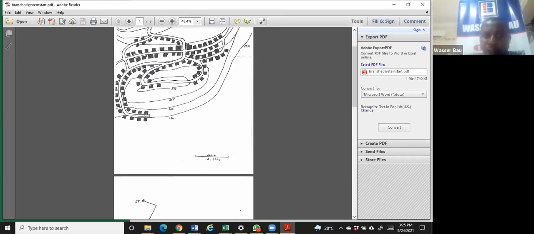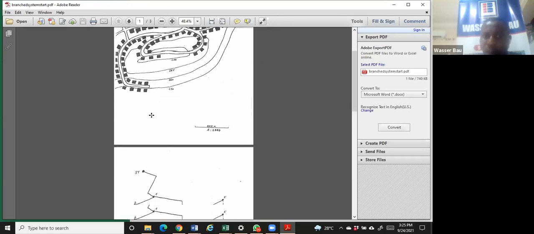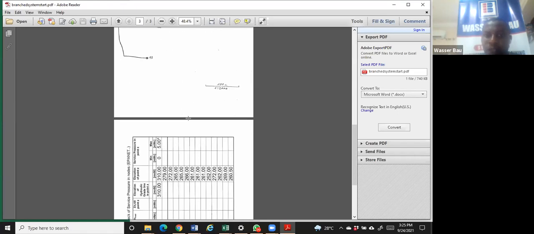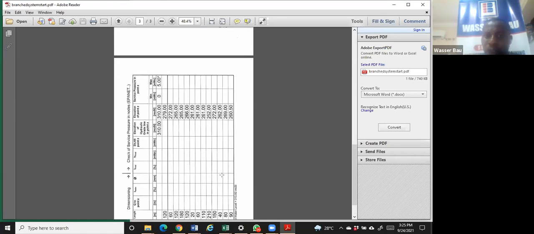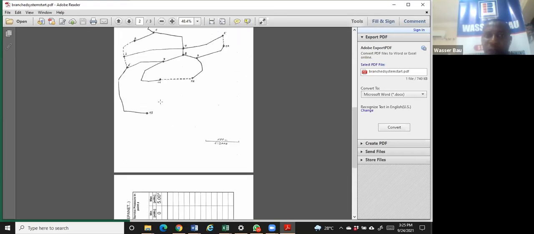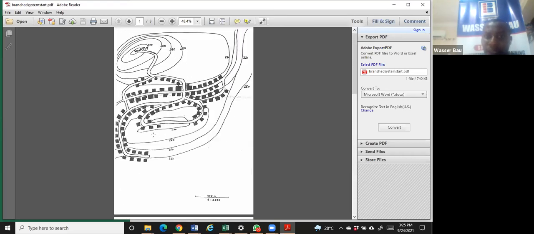Look at this last point here. This is point 13. If you go to the layout, you will see that point 13 is at 210. No, I'm wrong, sorry, not 210.